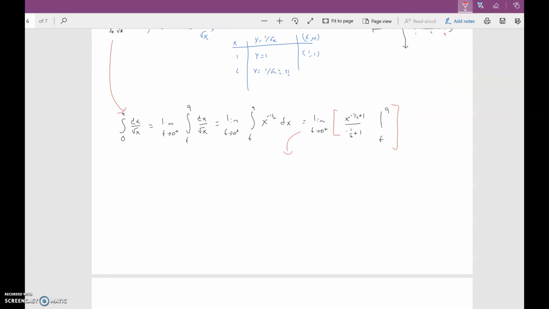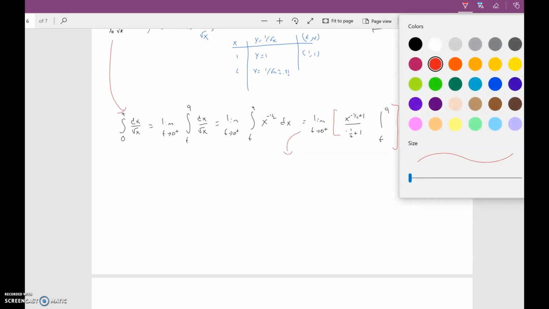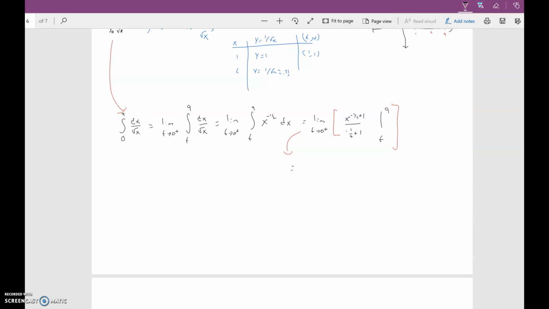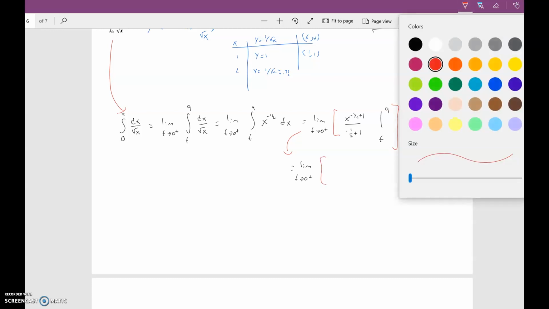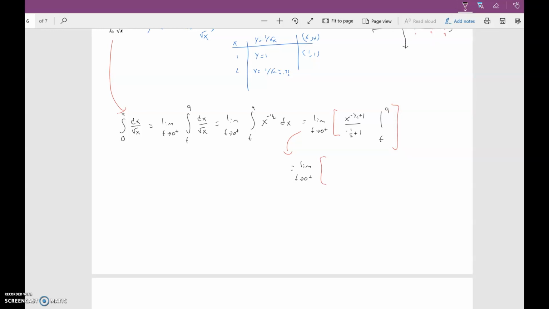So this will give us that this is equal to the limit as t approaches 0 from the positives, and for the integral, we're just going to get x to the 1/2 divided by positive 1/2 evaluated from t to 9.